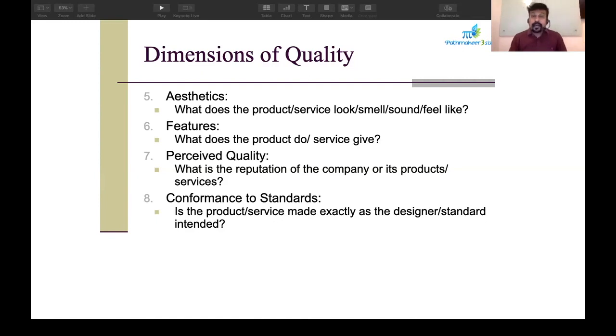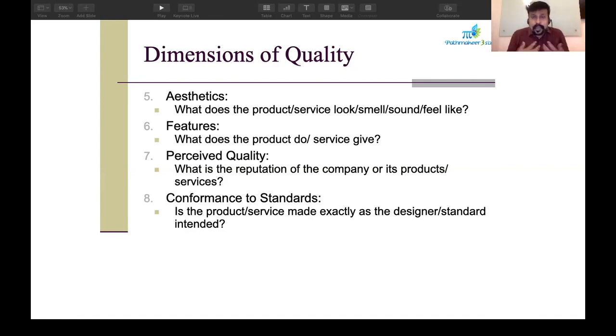Okay, coming to the 7th dimension, perceived quality. I have a brand of mobile phone and there is another brand of mobile phone. What's the perception I have about a particular brand? I have not used an iPhone, but when somebody says he or she has an iPhone, the perception that I have in my mind is iPhone is very secured, it doesn't hang much.